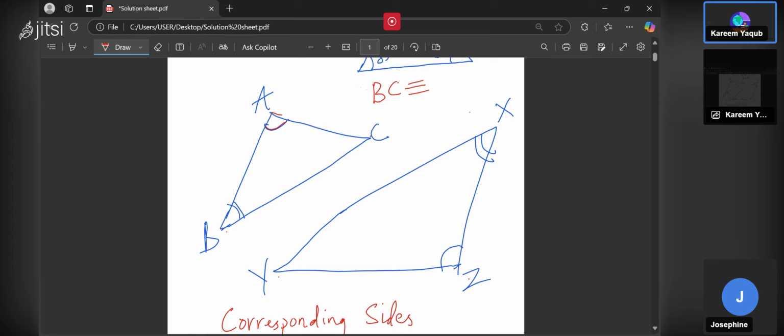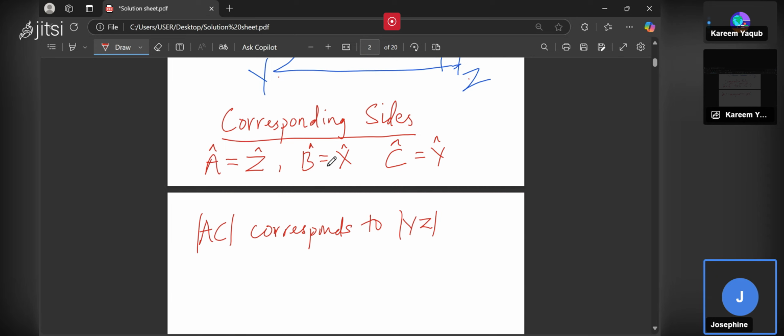It is XY. You can call it YX or XY. That's correct. Good. That means you're getting it. So BC corresponds to XY. So we now say BC corresponds to XY.